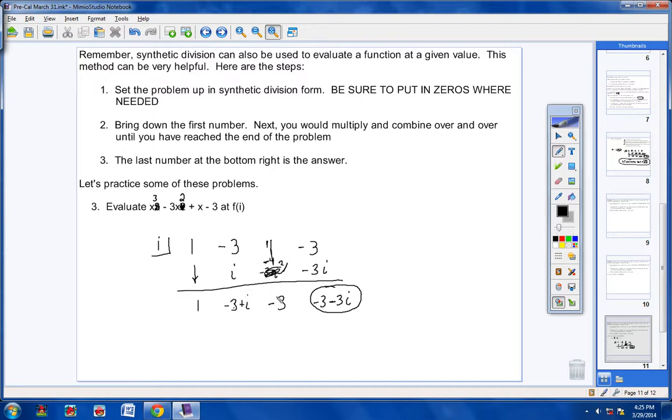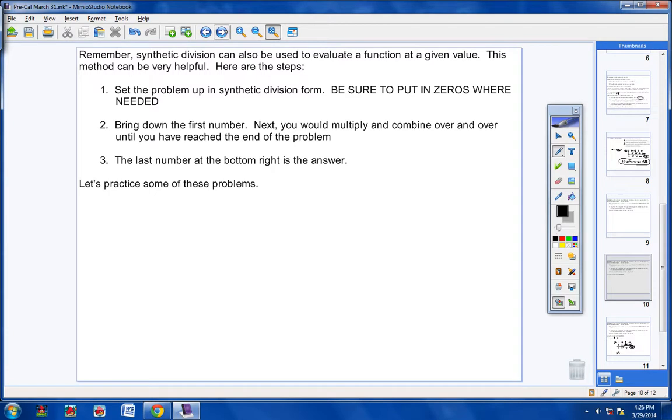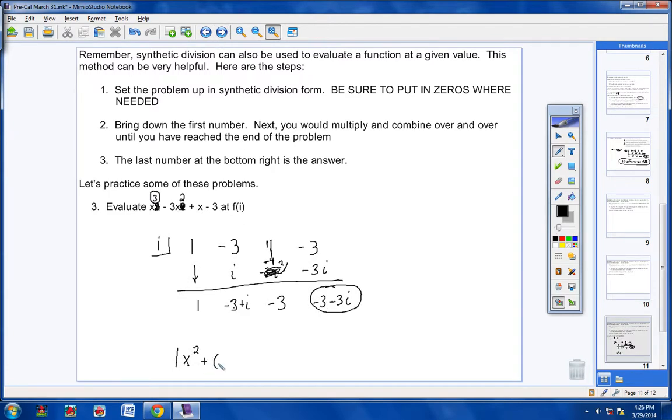Okay, so here we go. Let's go ahead and write our final answer. Notice our highest degree was a 3, so we start with an x squared. So my first number here is a 1, so I would have 1x squared, and then plus, and then put parentheses, negative 3 plus i.